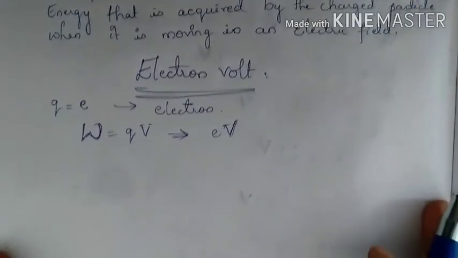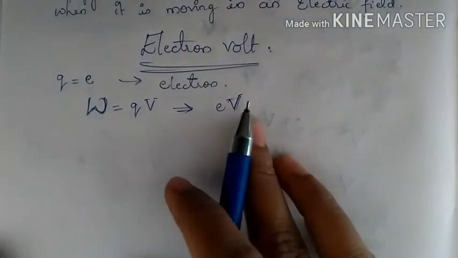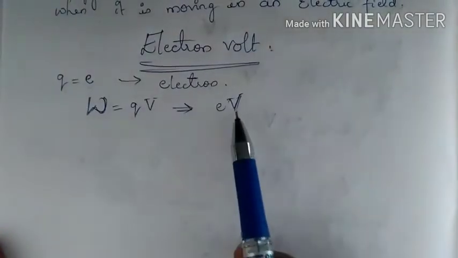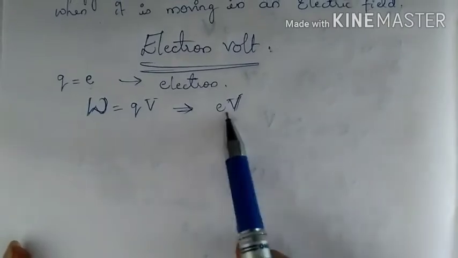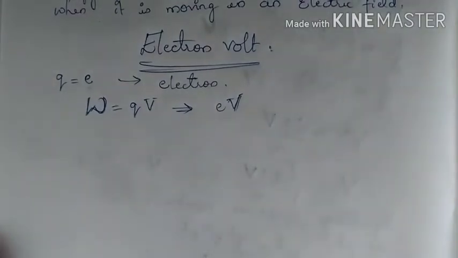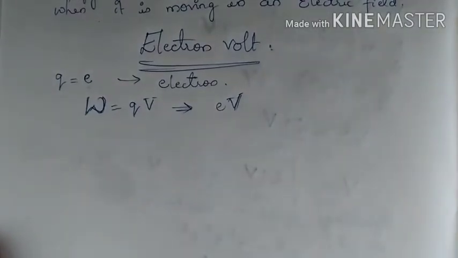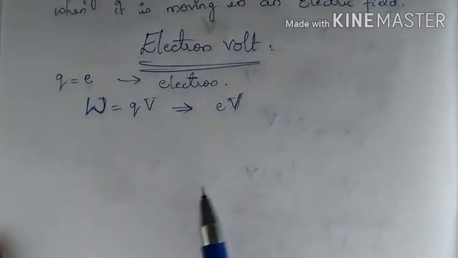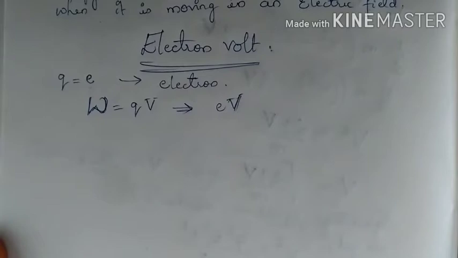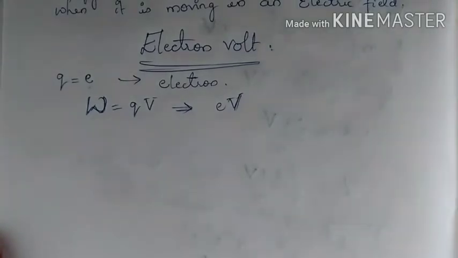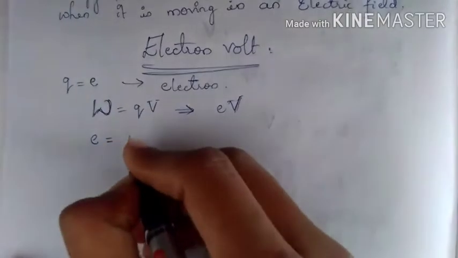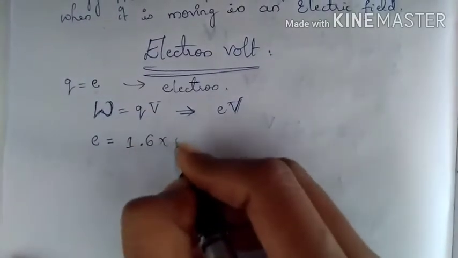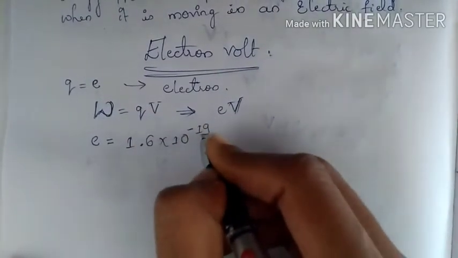If V is 1 volt, and we know e is 1.6 into 10 power minus 19 coulomb. So e has got the charge of 1.6 into 10 power minus 19 coulomb.